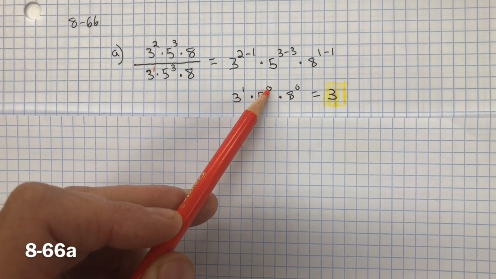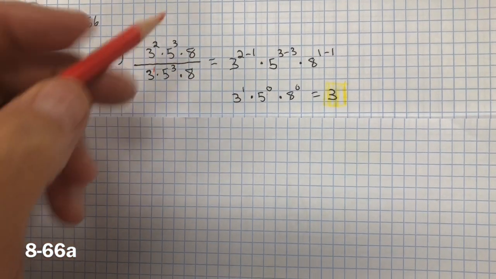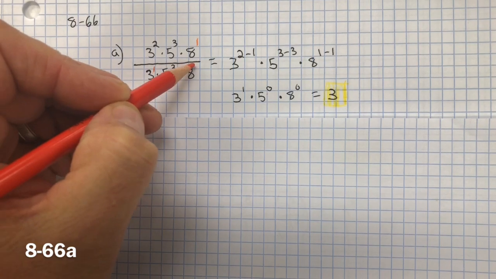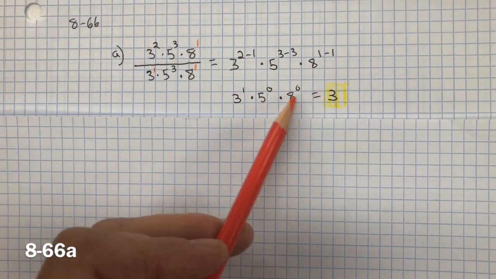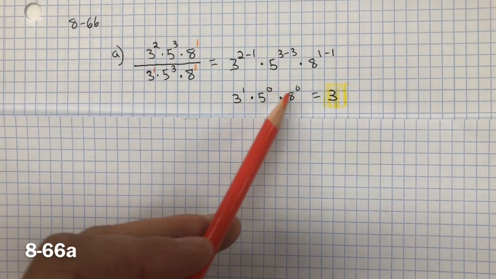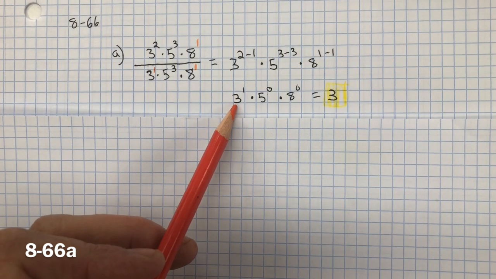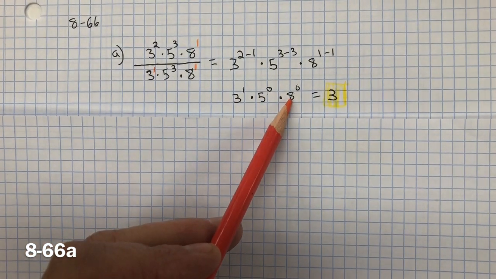So that's 5 to the 0 power. And then 8 divided by 8 equals 1. Or if you want to do the exponents, 8 to the first divided by 8 to the first. So that's 1 minus 1, which also equals 0. And anything to the 0 power equals 1. So we have 3 to the first, which equals 3, times 1, which is 3, times 1 is 3.